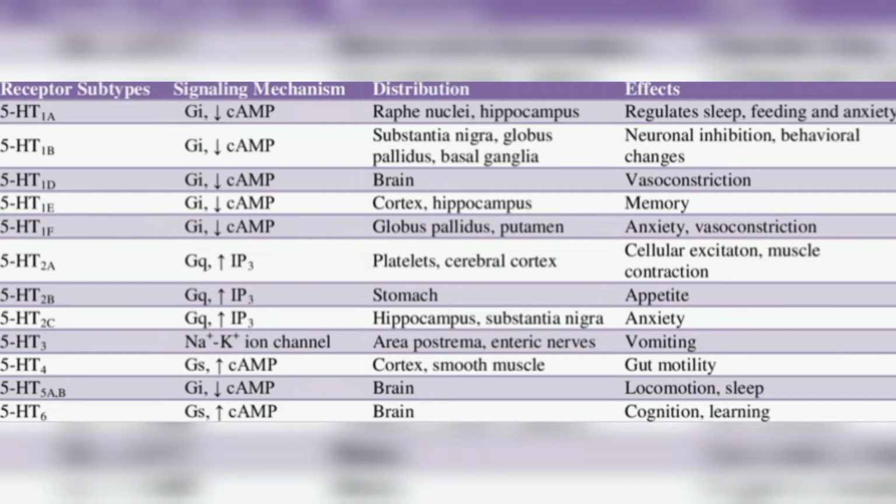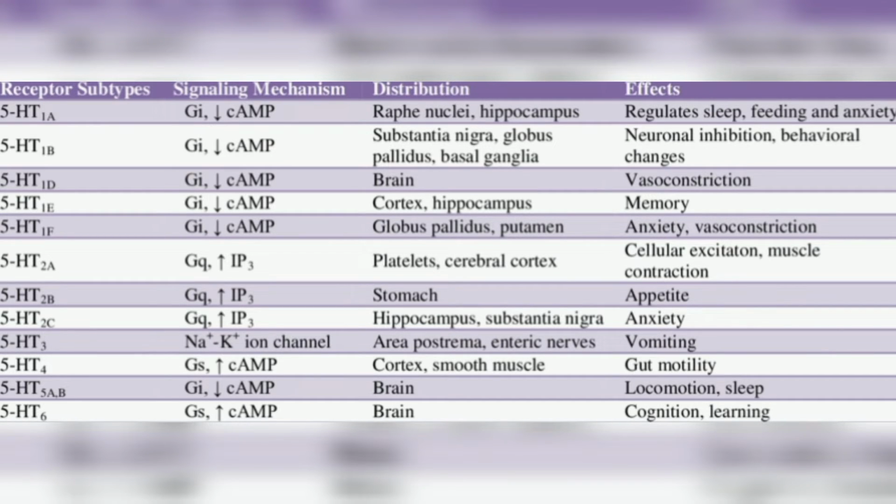A signaling mechanism occurs due to this, and for the distribution you can understand the 5-HT1A is in the raphe nuclei, hippocampus, and substantia nigra, used for the 5-HT1B, globus pallidus, basal ganglia, used for Parkinson disease, etc. So the cognition. I am not reading it completely, but you can stop to understand if you want.